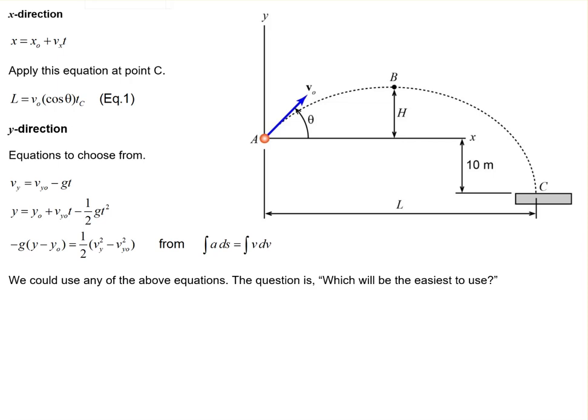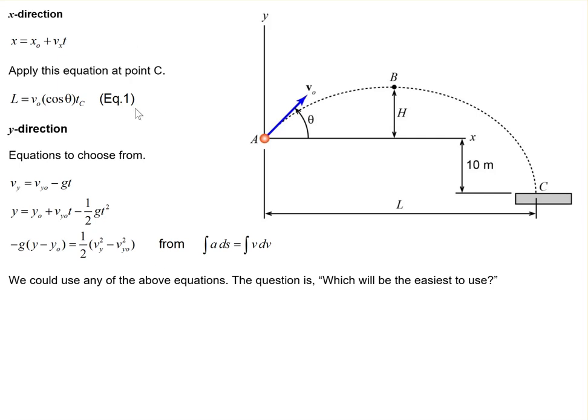In the Y direction, we have 3 equations that we can choose from. We have the velocity equation, the position equation, and then the equation that's derived from the a ds = v dv equation. So we need to choose which equation is going to be the easiest for us to use.